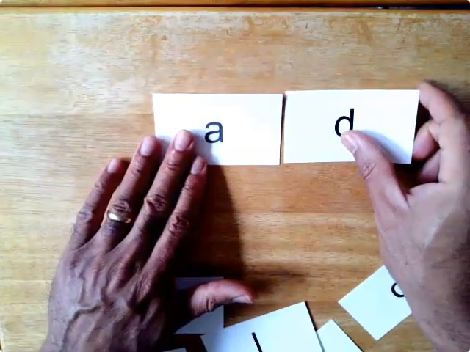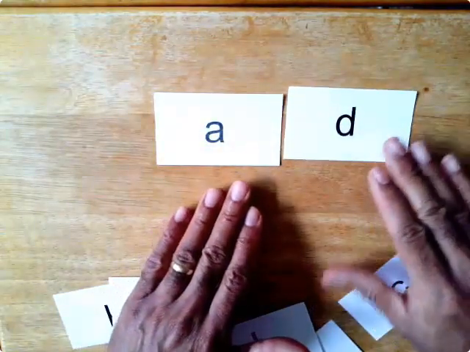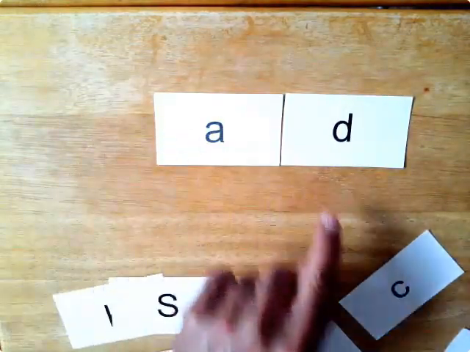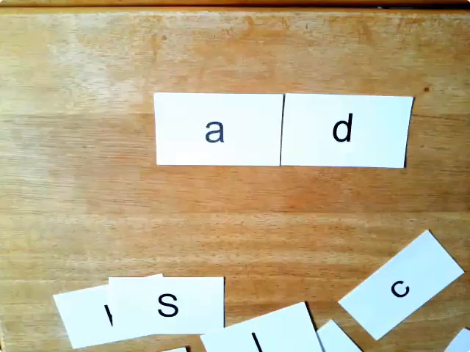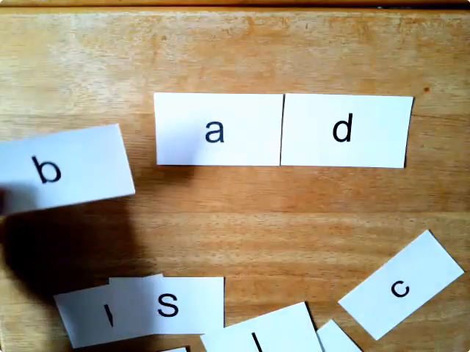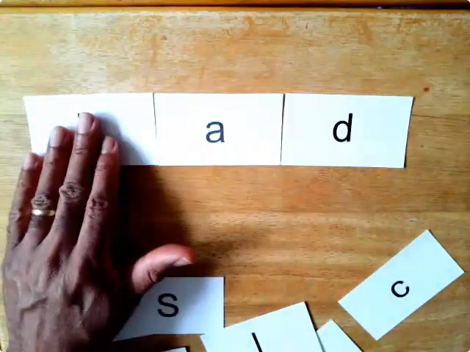Now, I can make a series of words just by adding one more sound to these sounds. Let's try it. What if I wanted to make the word bad? What letter do you think I would need to add? Ah, yes, you're correct. I would add the letter B because it stands for B. And now I have b-add, bad.